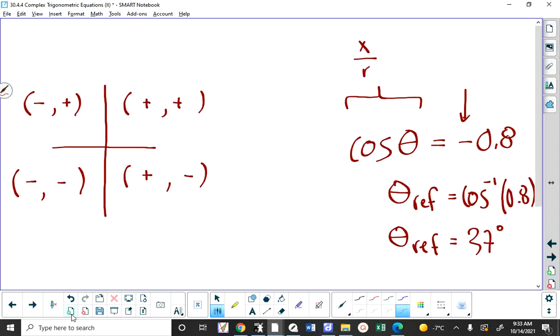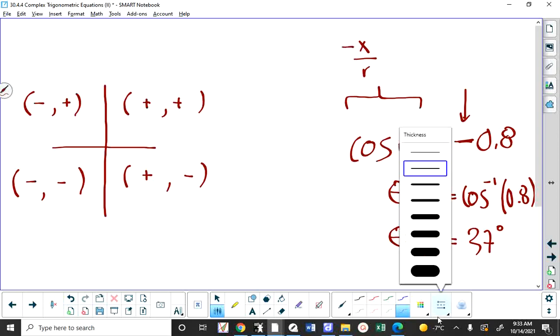But if cosine of theta is x over r and this is negative, that means, and there's something mathematically, technically wrong with what I'm about to write, but it'll get the drift across to you. What that means is it's this. Okay, and all I'm saying when I put that negative in front of the x is, I'm not multiplying x by -1. I'm just saying x is a negative number.